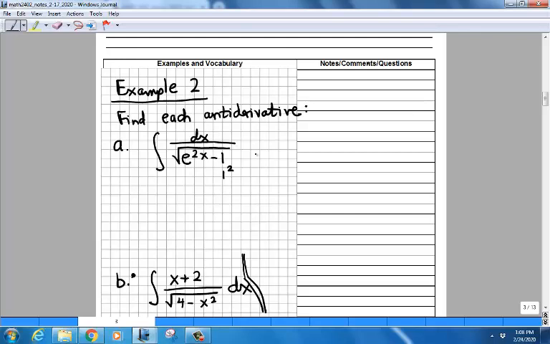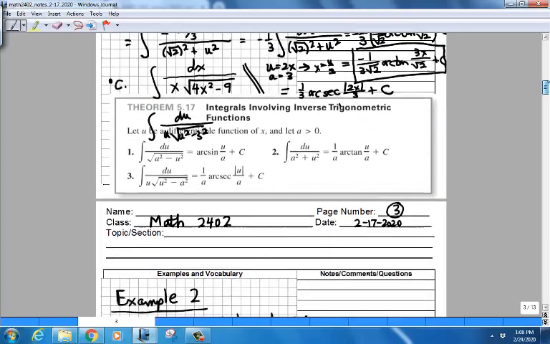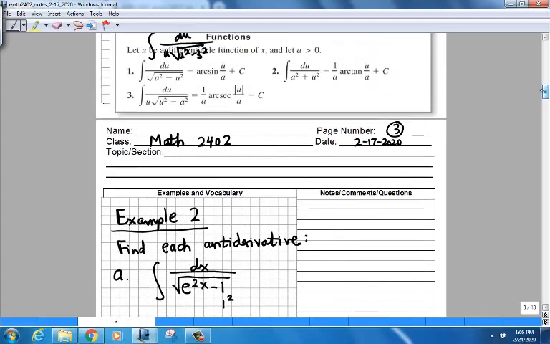So if we look at these formulas up here, which one is this integrand closest to of these three formulas? Well, you might say the first one, because that's a difference of two squares, but notice there's a fundamental difference between the quantity under the square root here and the quantity under the square root here.